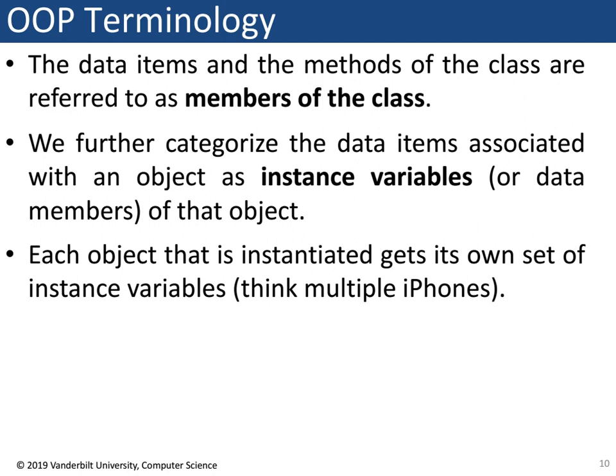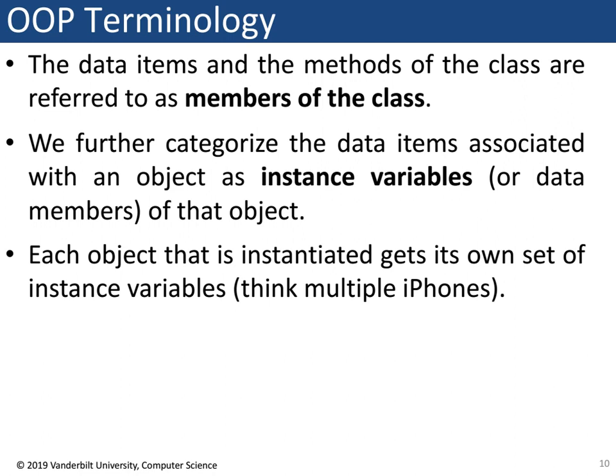But if we create two different arrays, array 1 and array 2, and array 1 has 4 elements while array 2 has 5 elements, and we access the length instance variable of array 1, we find the value 4. And if we access the length instance variable in array 2, we should get the value 5.